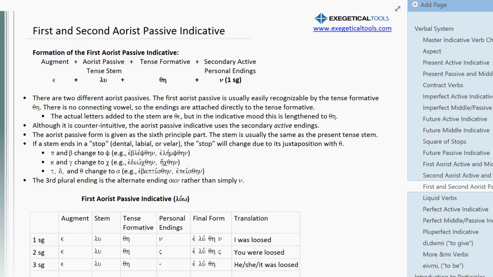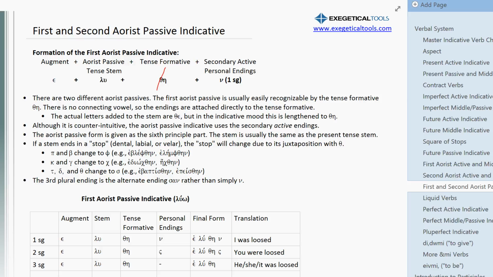The reason I do first and second is because some grammars do use the terminology first and second aorist, and as you're going to see, one of the only differences, there's one other difference, but the big thing is that the second aorist passive just loses that theta, and that's really all it is.